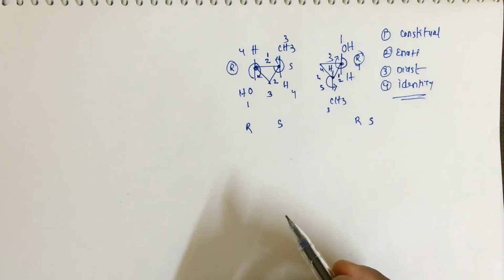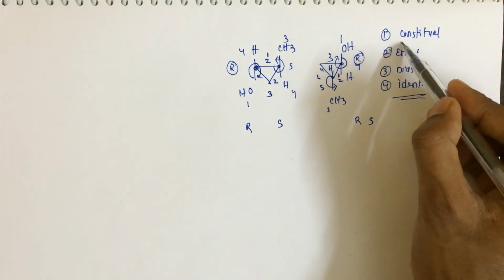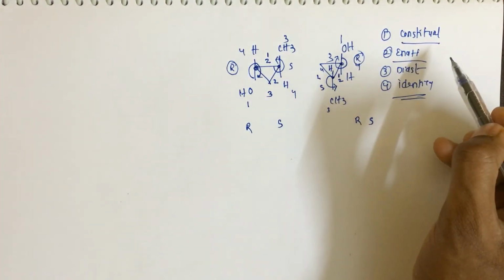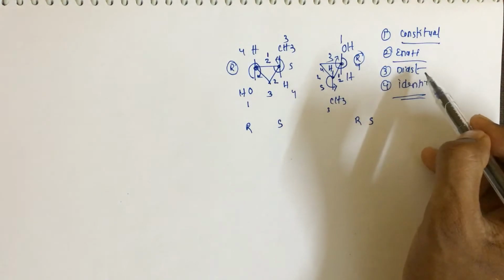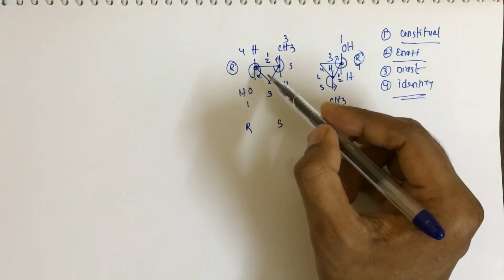So what will we think? This belongs to enantiomers or constitutional isomers. So it can be possible for constitutional isomers or enantiomers. It cannot be diastereomers, because we can apply some symmetry element here.